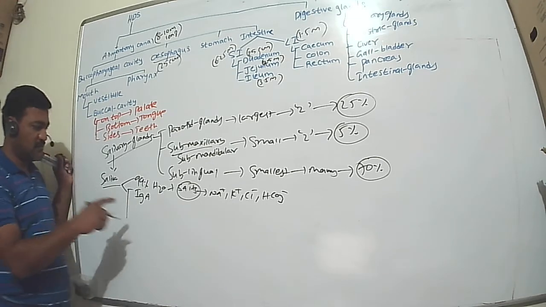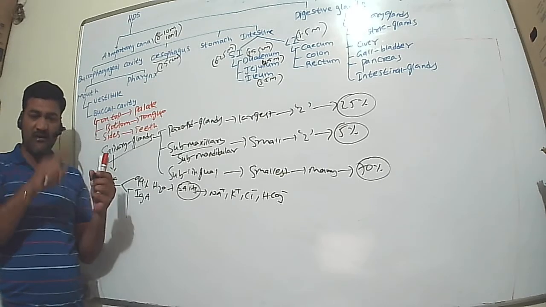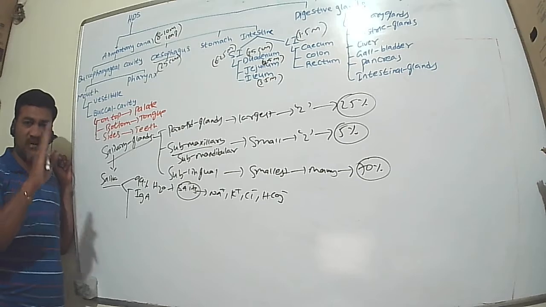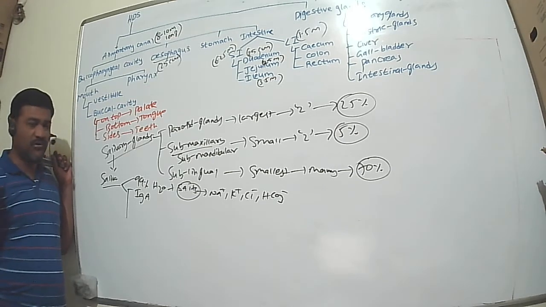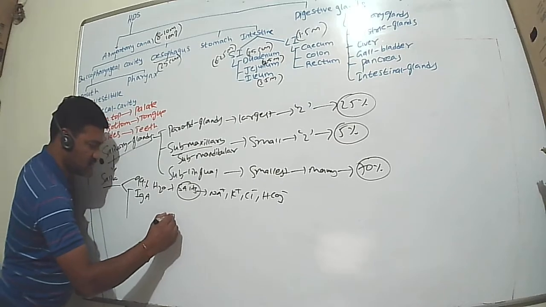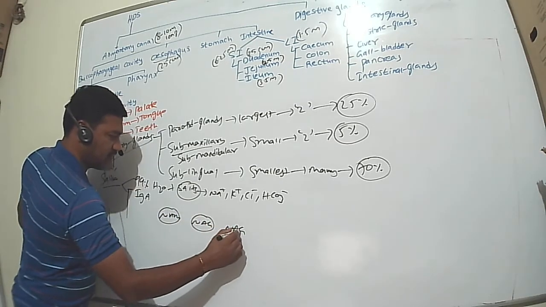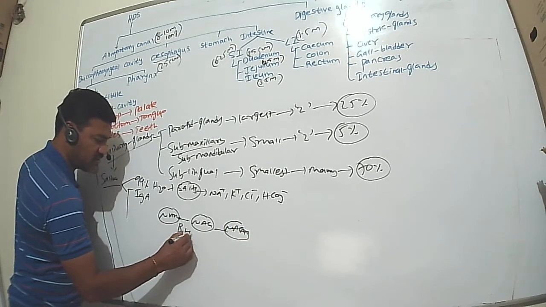This IgA antibody breaks the bond between the NAM and NAG of the bacterial cell wall. The bacterial cell wall is made up of peptidoglycan, which are alternating NAM and NAG, N-acetylmuramic acid and N-acetylglucosamine. For example, this is NAM, NAG, NAM, NAG, like this. So you have a bond which is called the beta-1,4 glycosidic linkage.